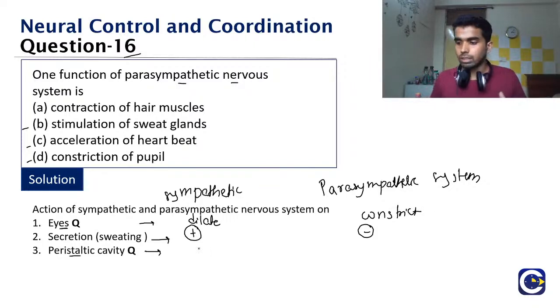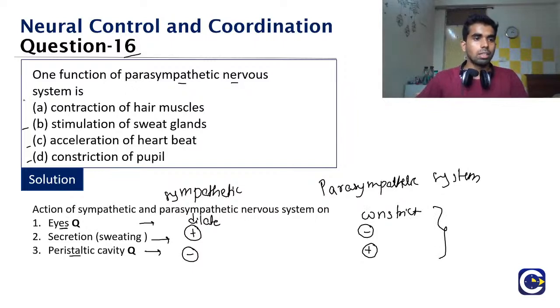In peristaltic activity, when we are digesting something, the blood is towards the stomach, but while seeing the tiger you have to run, isn't it? So you need the blood towards the muscles, and because of that the peristaltic activity or the digestion will stop. So these are the three things that are frequently asked in the examination.